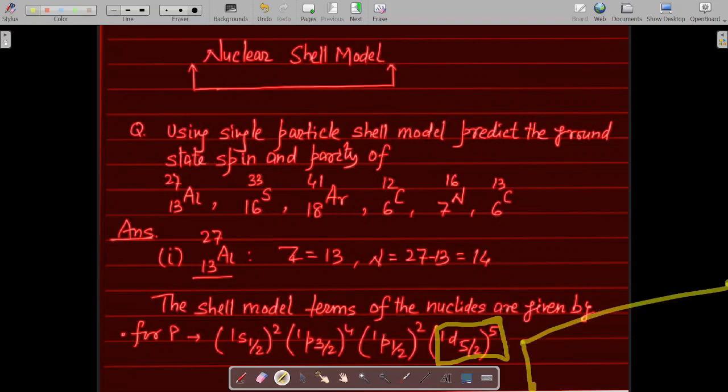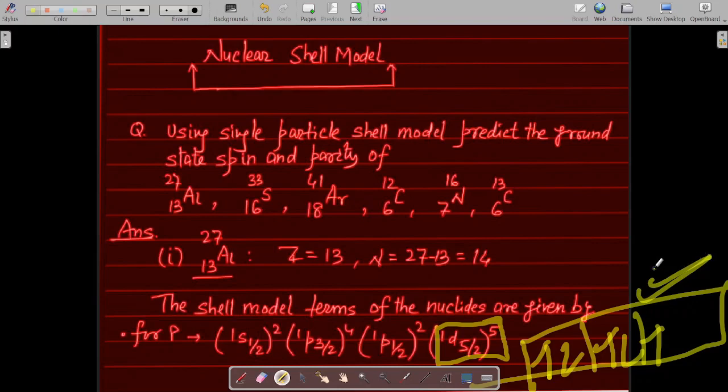Out of the 5 nucleons we have over here, 1, 2, 3, 4 and 5, it will be like this. So one nucleon remains unpaired. The ground state spin and parity will be decided by this unpaired nucleon, that is the unpaired proton, in this particular case.